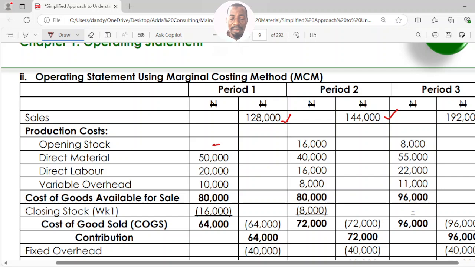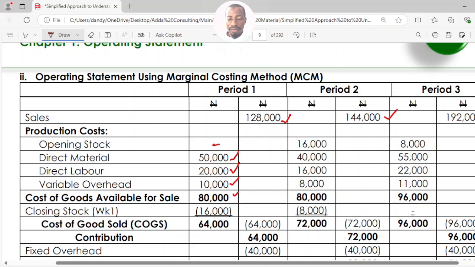The direct material cost is the same as under absorption costing; just multiply the direct material per unit by the units produced. Under production cost, we did not consider fixed production overhead, because it is not part of production cost using the marginal costing approach. It should be written off fully from the aggregate contribution. So when you add up, that's 80,000 naira.